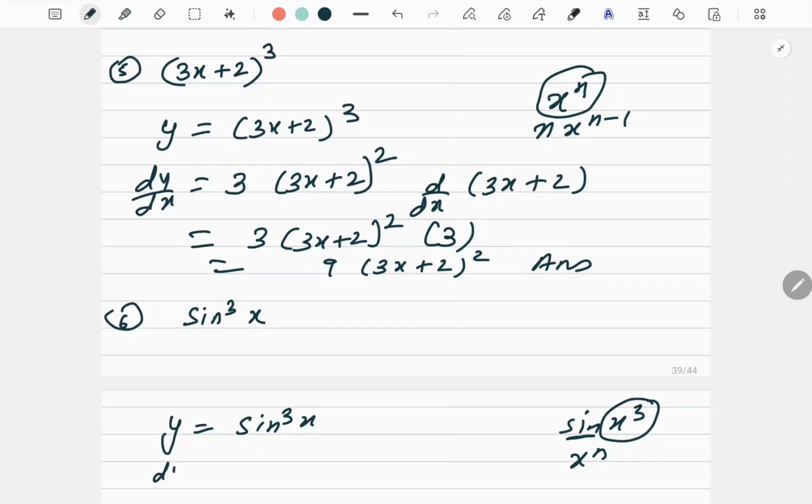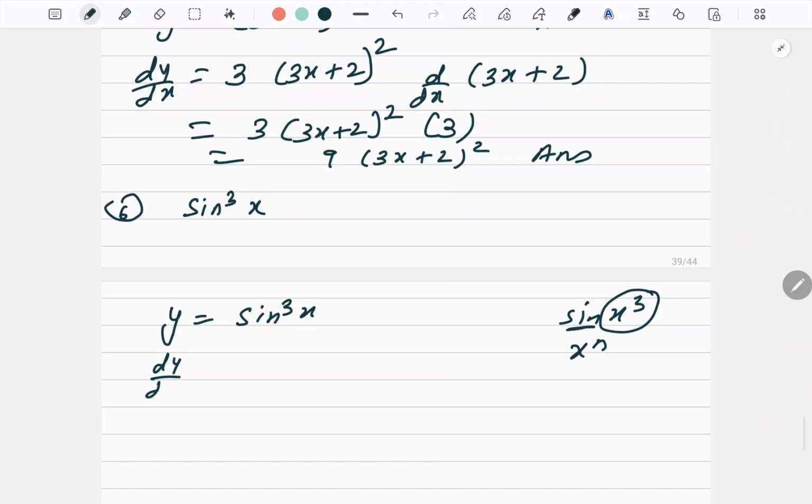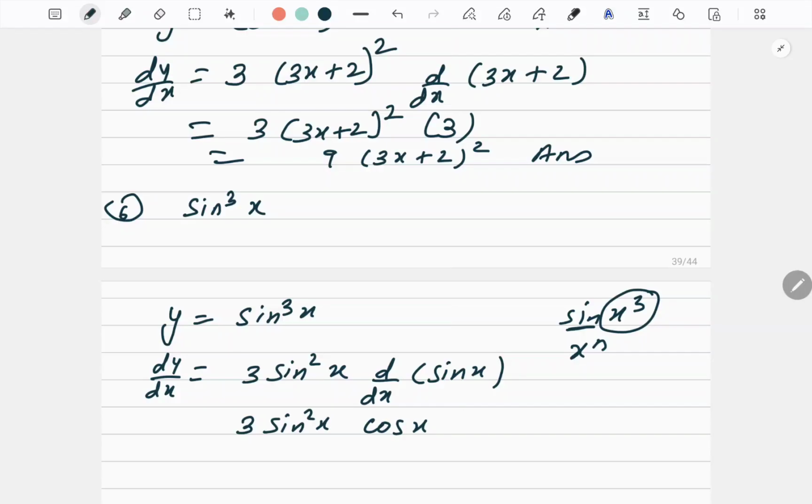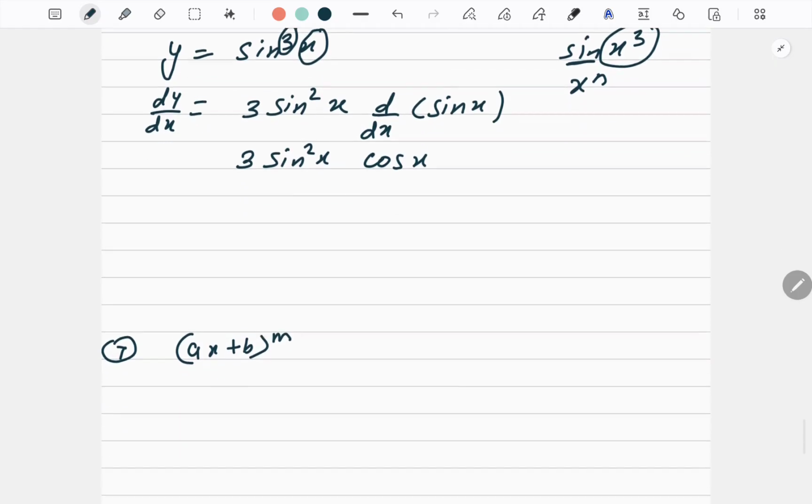So dy by dx, when you are doing this, will become 3 sin square x first and then d by dx of sin x, which is cos x. So this is my answer. Okay, so always observe carefully what exactly they are saying. Here it is power n and there it was x cube. So there is a difference in these two questions which usually students get confused in.